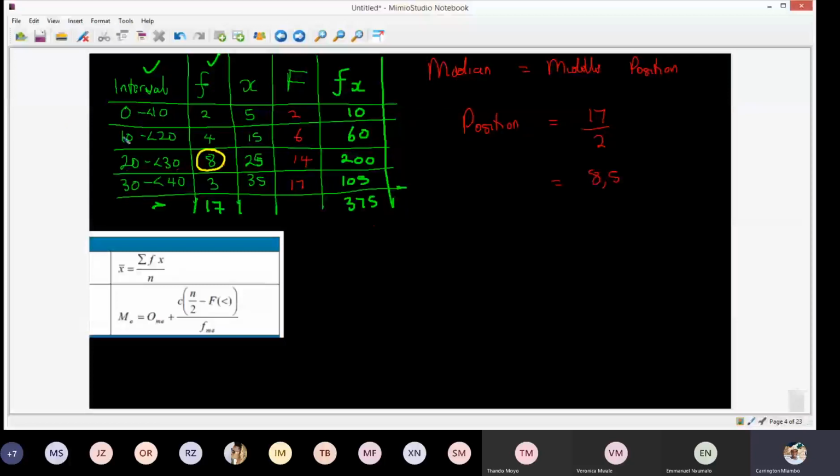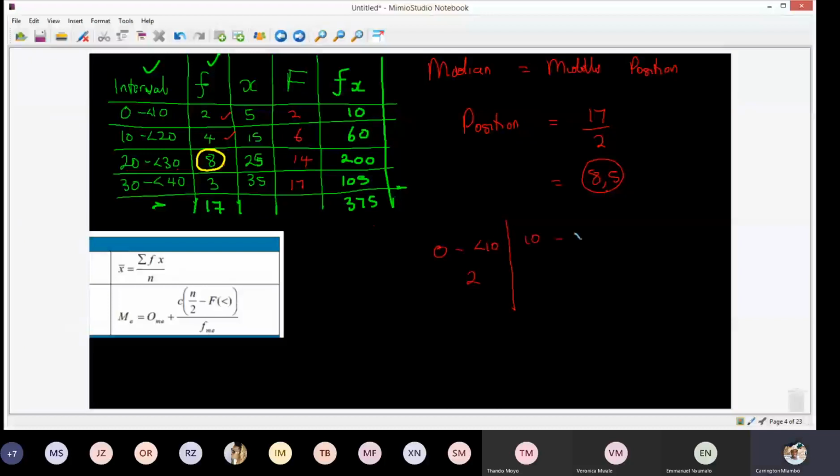First, you can look here. We have two items on the first interval, and we have not yet reached 8.5. Then we have plus 4, now we have 6 items. We haven't reached 8. I'll write it here so that it will be easier. From interval 0 to 10, we have 2.